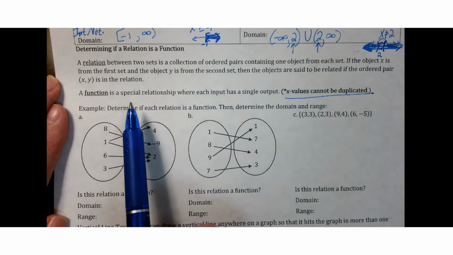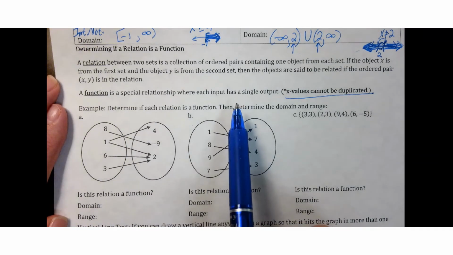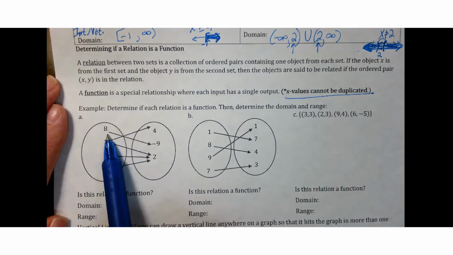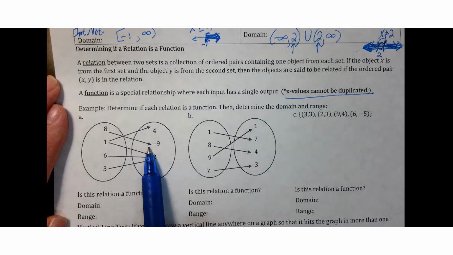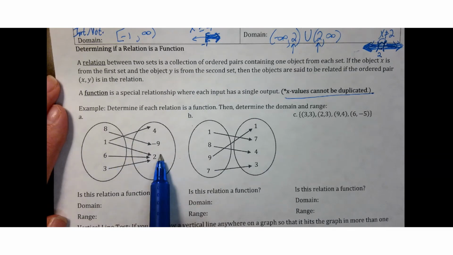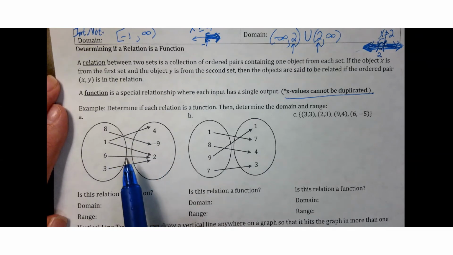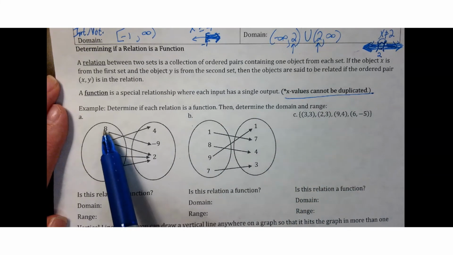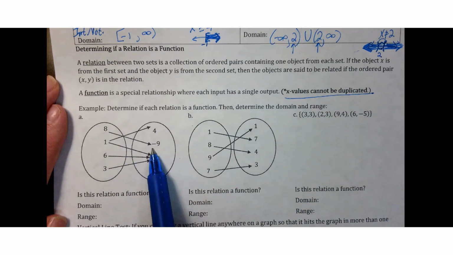And it's only a function if each input has a single output. That means this is only paired to one of these. Well, look at this one. This one is paired to this and this. So that's a problem.